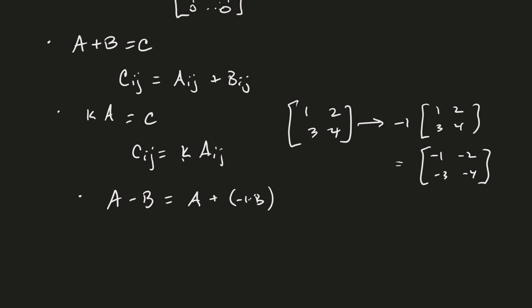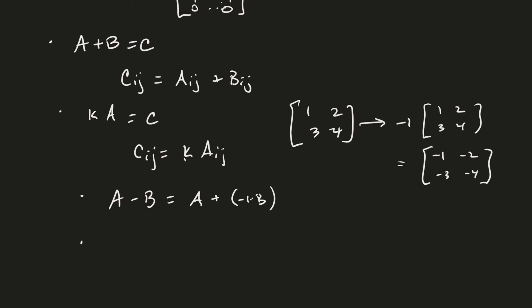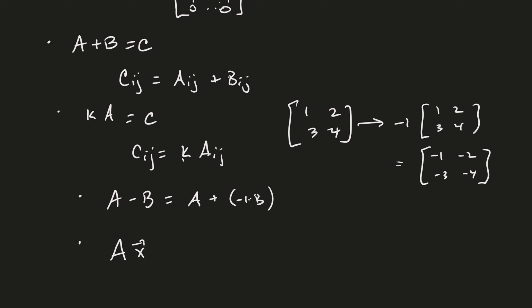Multiplication is a little bit different. How do we multiply two matrices? First off, I want to multiply a matrix times a vector, and then we'll define matrix-matrix multiplication. So if I take the matrix A times the vector x, that's defined to be x1, the first element of x, times the first column of A, plus x2 as a scalar times a2, and so on.